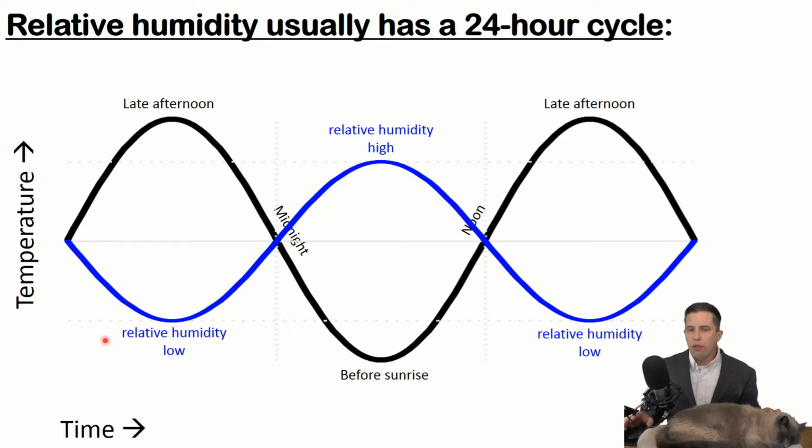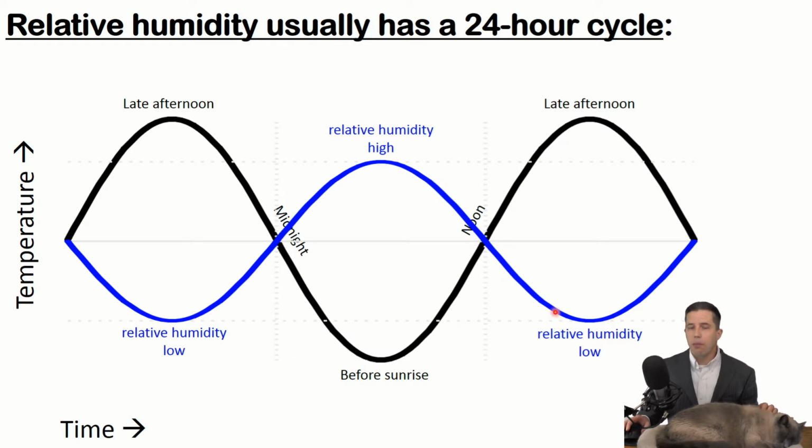In a normal 24-hour day, the dew point and the mixing ratio don't change very much. In fact, especially here in New Mexico, day after day after day, you typically have a pretty constant dew point, usually, okay? But the relative humidity is always in a 24-hour cycle because the temperature is in a 24-hour cycle. So we typically see the lowest relative humidities the hottest part of the day, then they rise at night, so we see the highest relative humidities at night, and then the cycle repeats again.